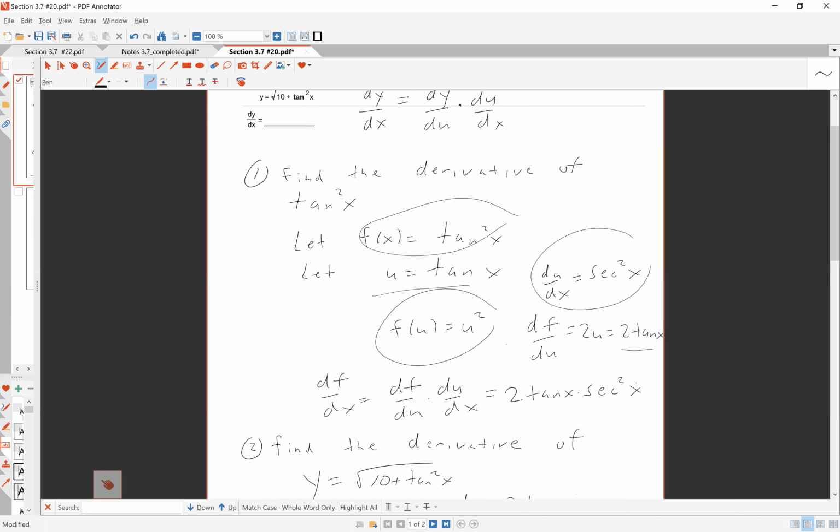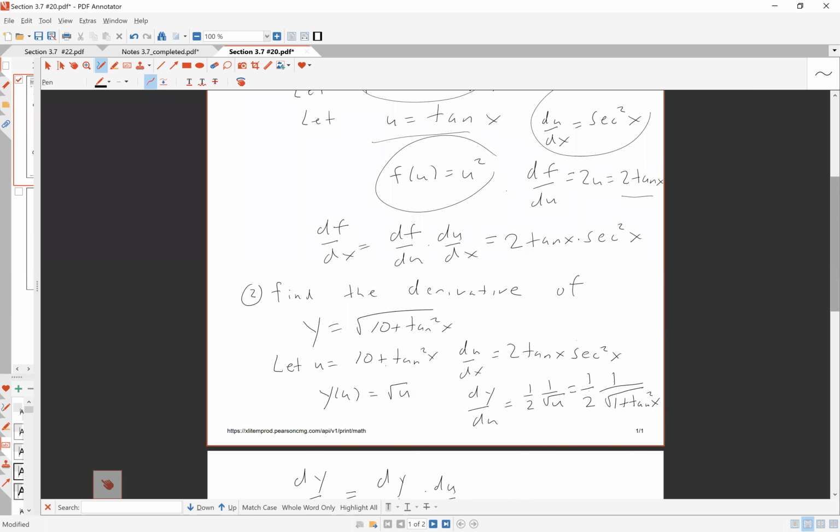Students, some of you may feel comfortable enough with the chain rule that you could just drop the 2 down, 2 times tangent x times the derivative of tangent, which is secant squared.